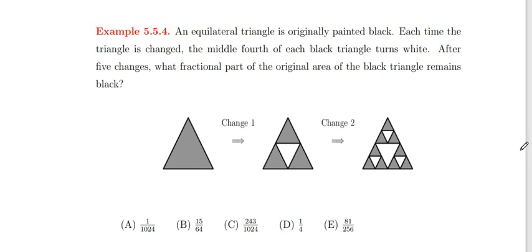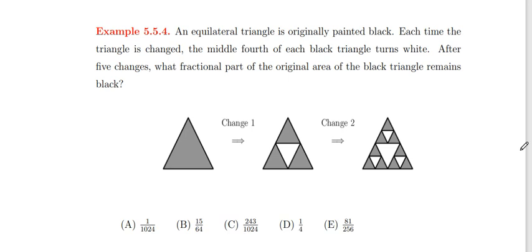For this problem, it says an equilateral triangle is originally painted black. Then each time the triangle is changed, the middle fourth of each black triangle turns white. We can understand it like this: we have the triangle, then cut it, right?